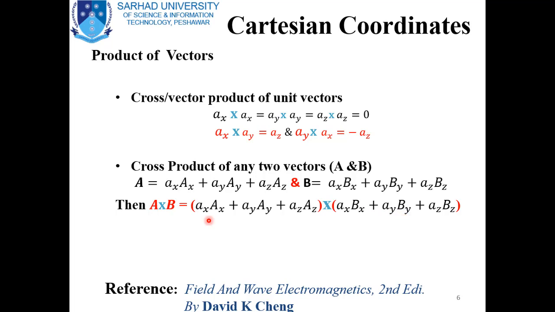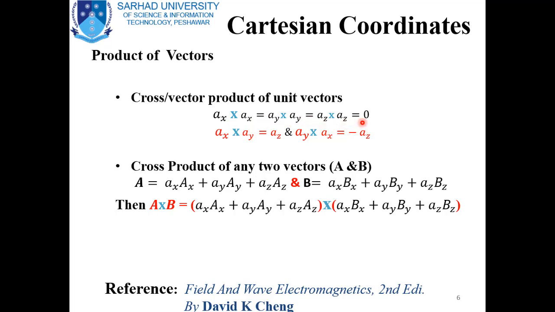In this multiplication, each term of a will multiply with each term of b, so the total number of elements will be 9, but when we follow the rules which we have defined here, out of 9, 3 will be cancelled, because we have 3 terms which contain ax cross ax, ay cross ay, and az cross az.